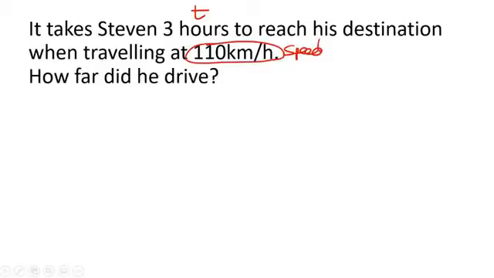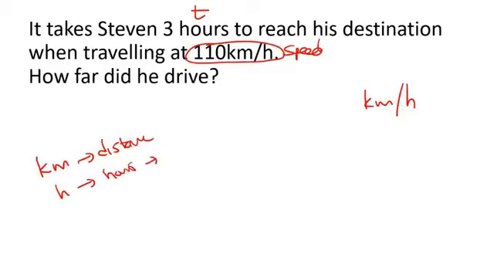If you look in any car, go look in any car that you can get into and look at the speedometer where it shows you the speed. You'll see that it's measured in km/h. It means kilometers per hour, and that's a speed. If they say kilometers by itself, that's a distance. If they say h, well, that's hours, so that's time. But if they say kilometers per hour, well, that is speed.